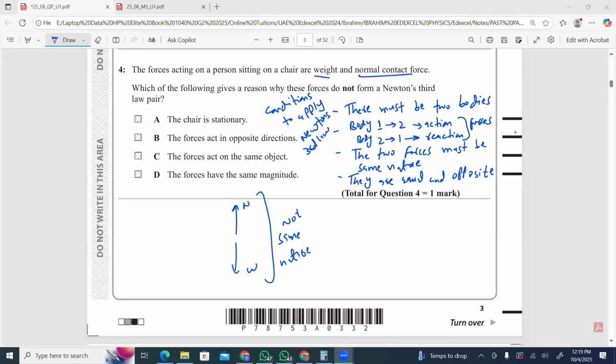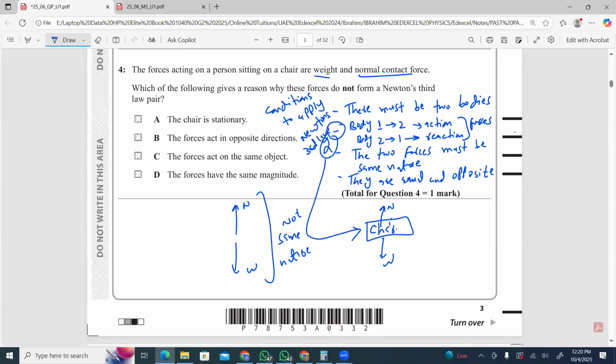So in here you can see that there is a chair and there is its weight acting down, and the normal force is also acting on the chair. When two forces are acting on the same object, it means they are violating the second condition.